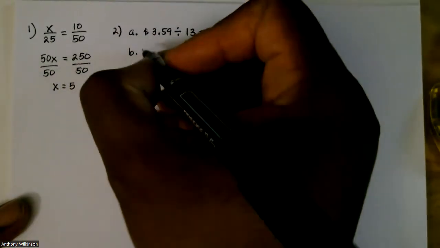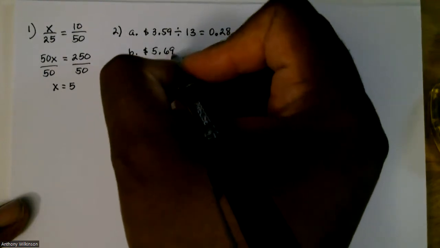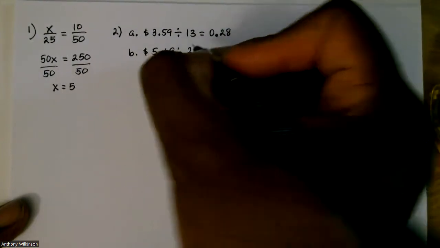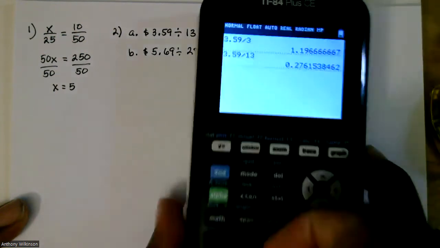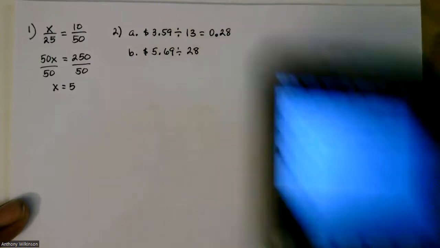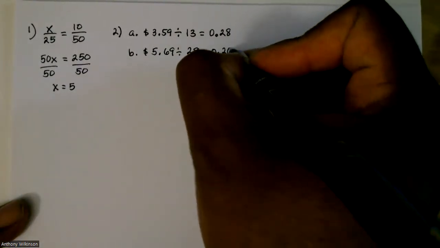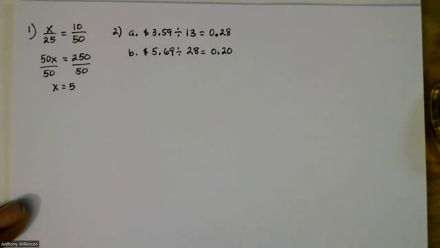The second one is a 28-ounce size for $5.69. So we do $5.69 divided by 28. And this will give us to 2 decimal places 0.20. So we're dealing with 20 cents per ounce here for $5.69 for a 28-ounce size of cereal.